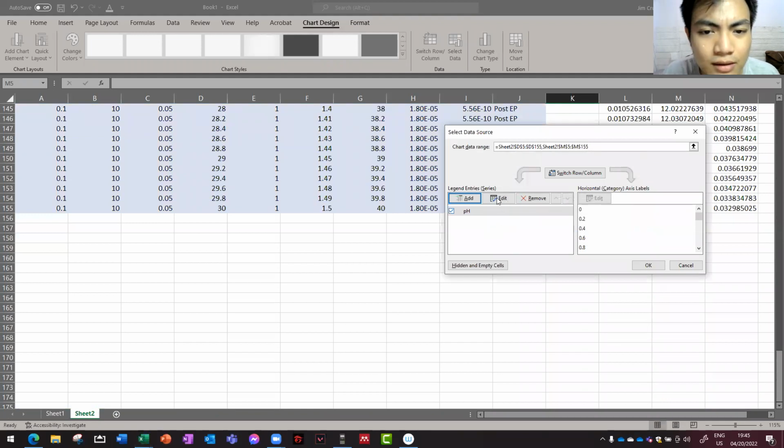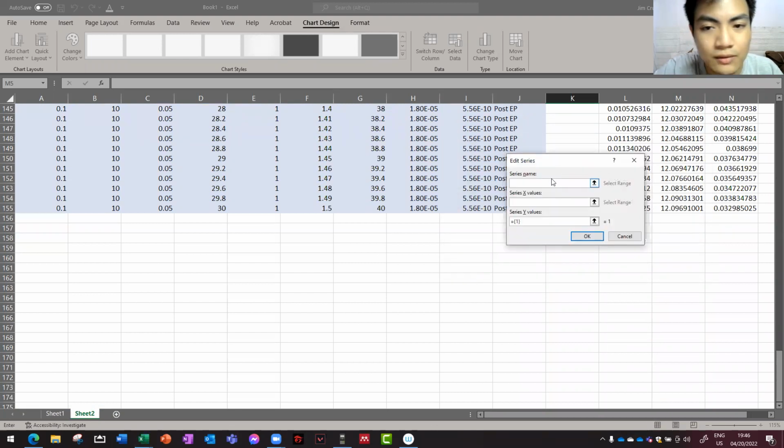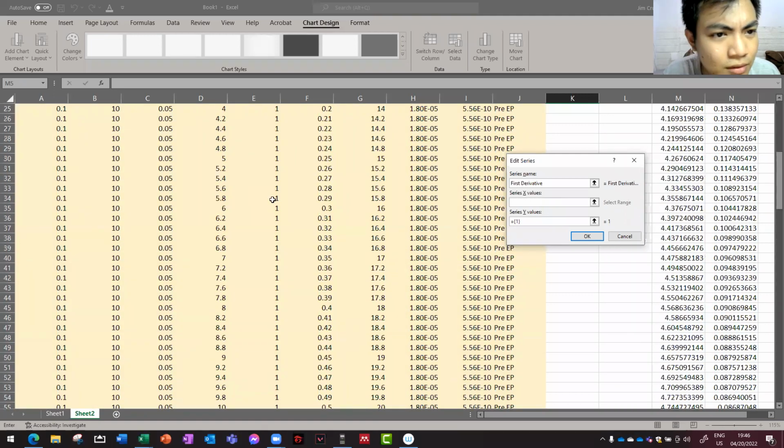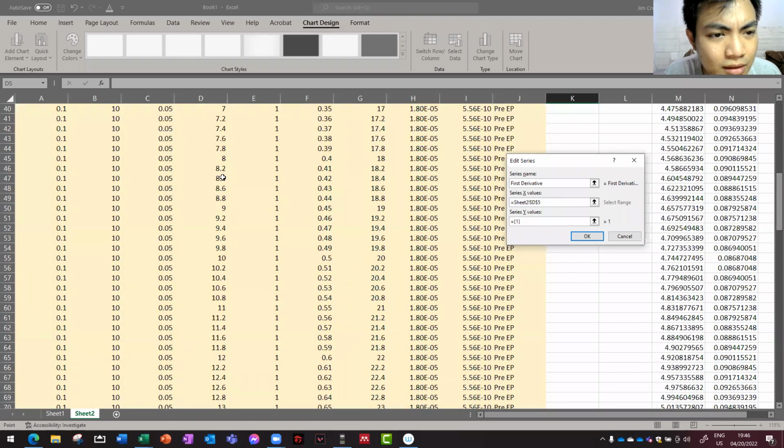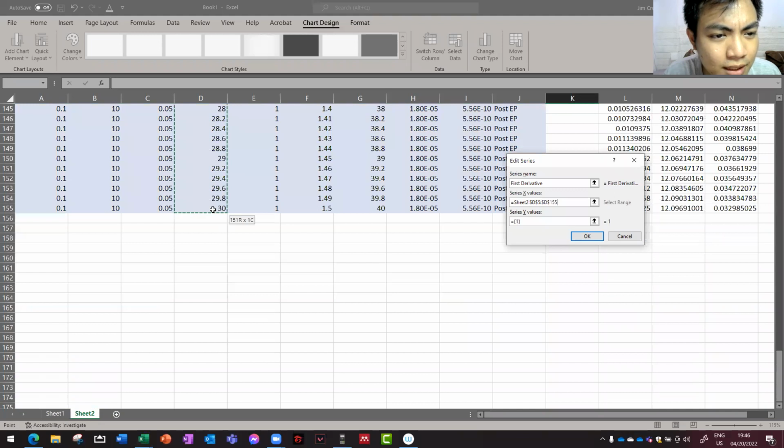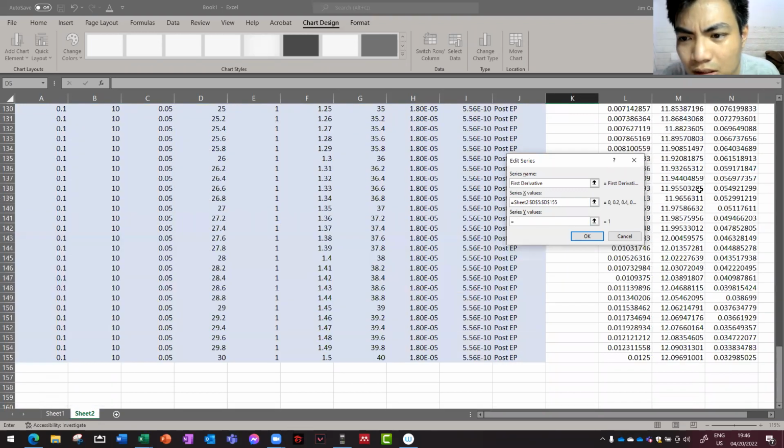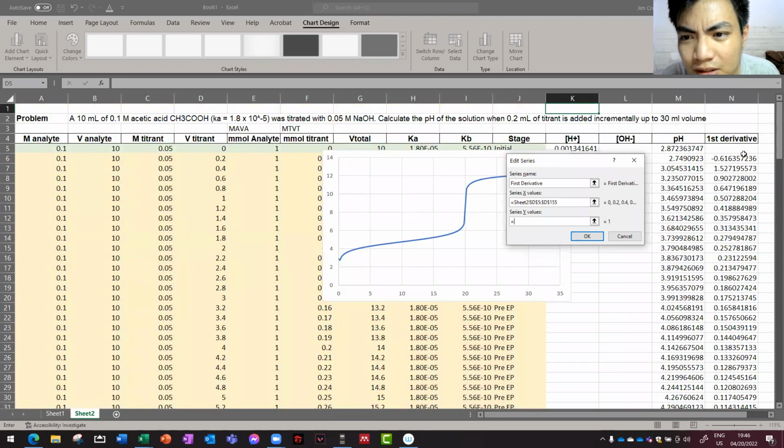I may want to add the first derivative also. So for the X value is still the volume of titrant. So go up, then select the entire volume of the titrant. There you go. And for the Y-axis, just select the first derivative data.